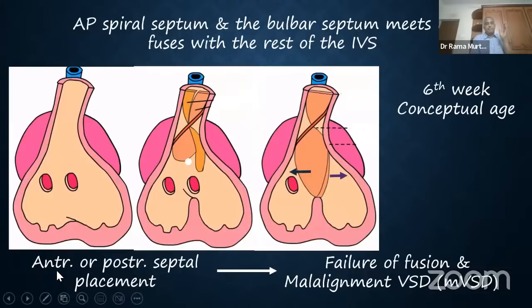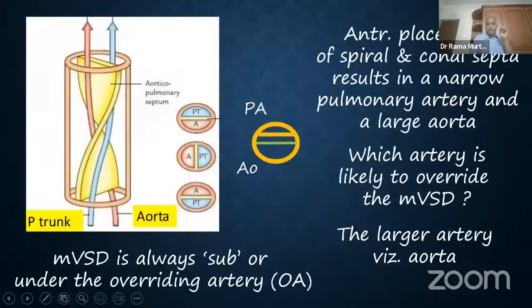So the gist is anterior or posterior septal displacement results in failure of fusion. This is malaligned. If this septum goes anterior or posterior, it will not meet with the rest of the interventricular septum, and that results in a malalignment VSD, which I have used the term MVSD. Now let's look at this, the common arterial trunk, and that is the spiral septum.